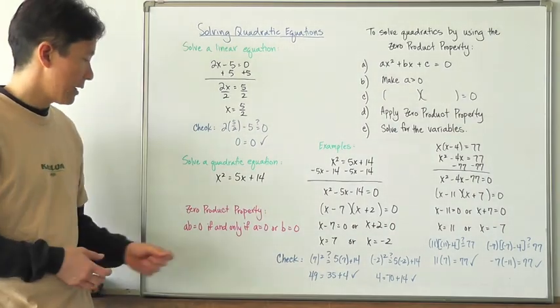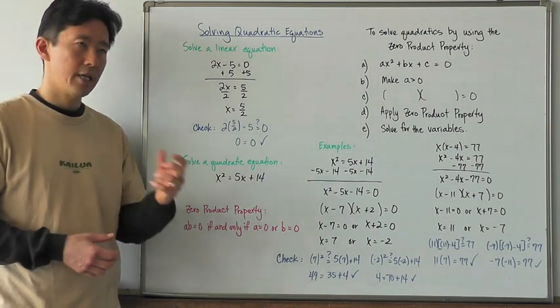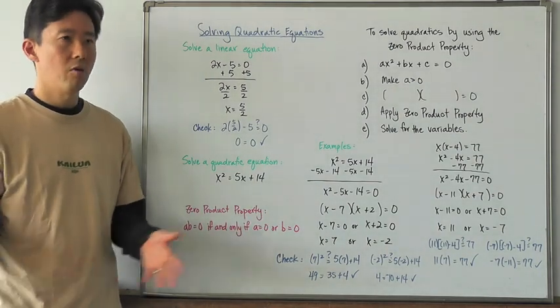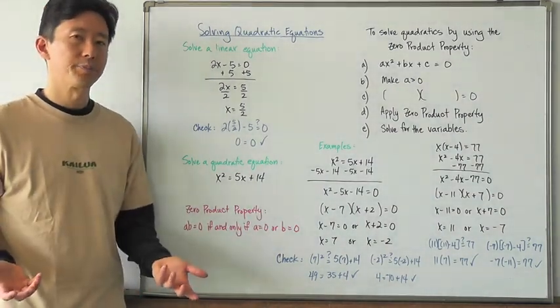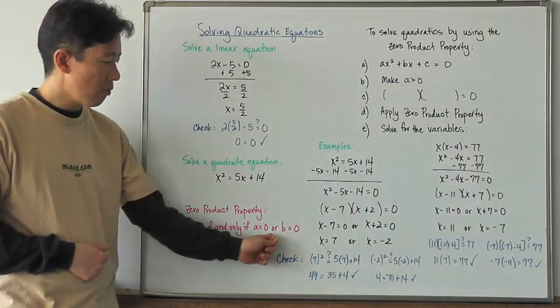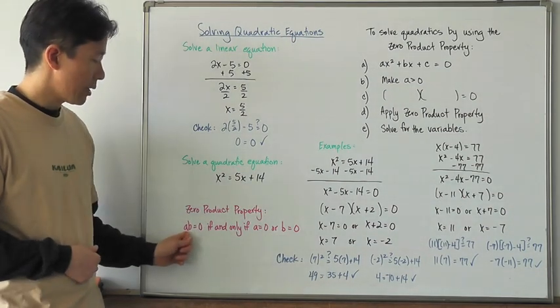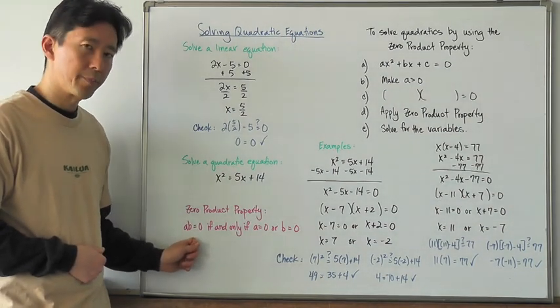Now let's think about that. If a times b is equal to 0, then that means that either a or b or both have to be 0. And we can also read it the other way as well. If a or b is equal to 0 or both are equal to 0, then sure enough the product will be equal to 0 as well.